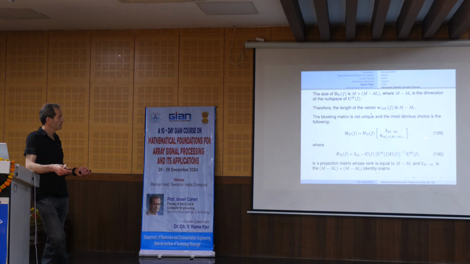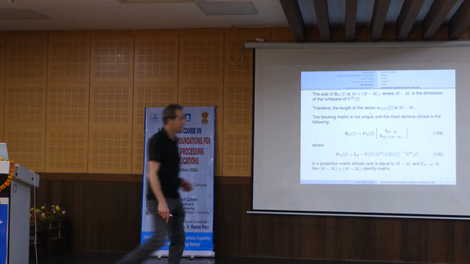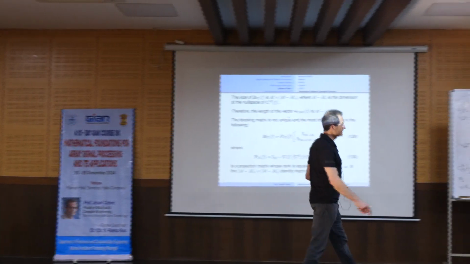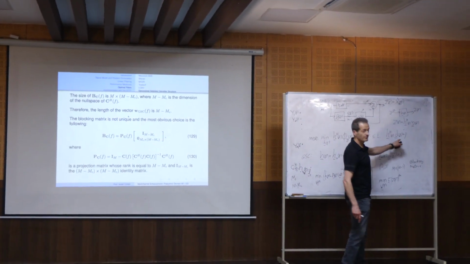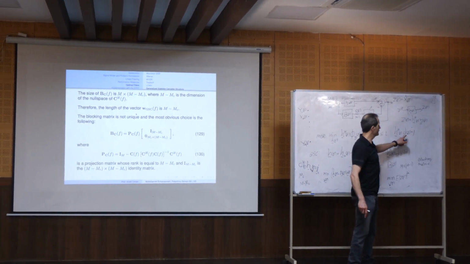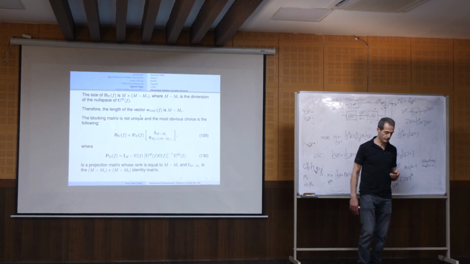Okay, so if we know the constraint matrix C, we know B, just like with MVDR. With MVDR, if we know the steering vector, we know what the blocking matrix is. This is the only information that we know.